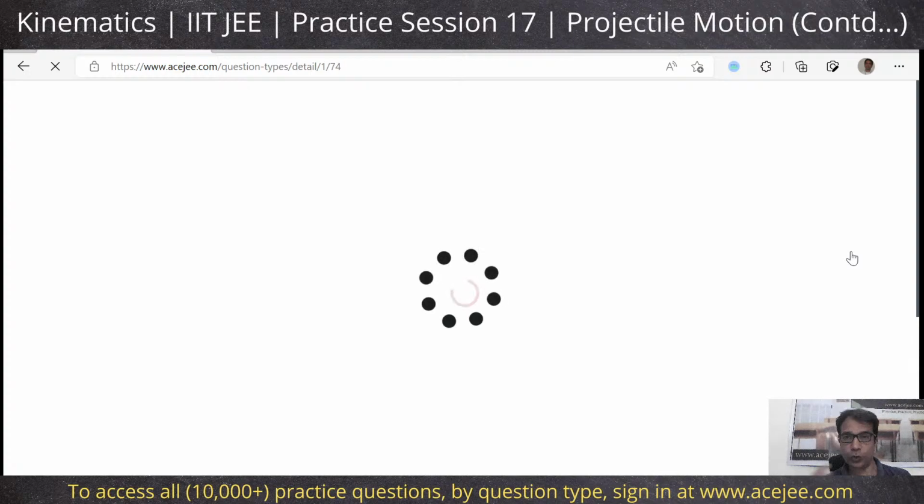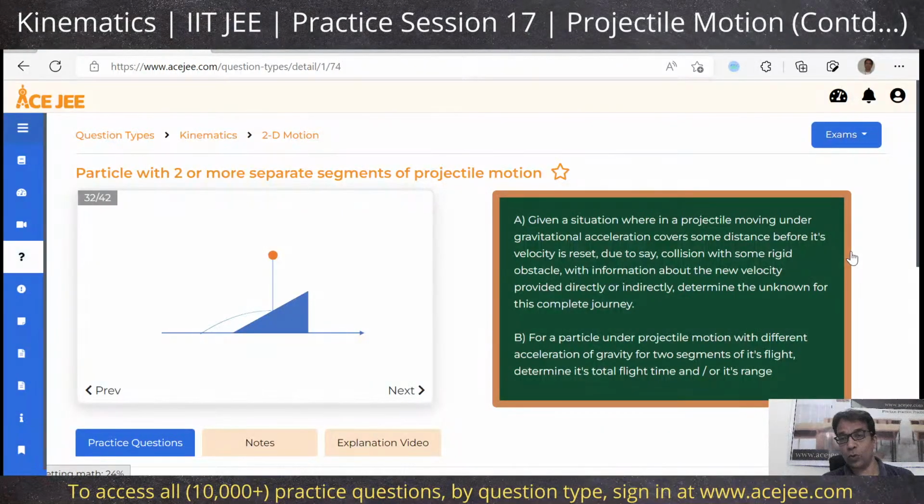As you will see in the diagram, you will have a projectile or a particle that is dropped vertically downwards, and at some point in its trajectory, it hits a wedge, and after hitting the wedge, its velocity is going to undergo a change in direction and magnitude. That depends on what kind of collision it was, whether it is an elastic collision, inelastic collision, the wedge angle. It will depend on all those factors.